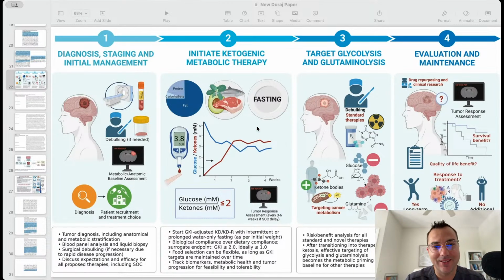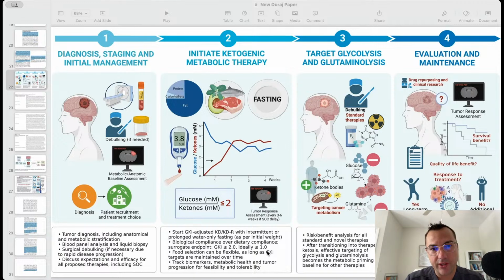Good job. That's perfect. And then I wanted to reiterate this because it was obviously missed on the initial pass: after transitioning into therapeutic ketosis, effective targeting of glycolysis and glutaminolysis becomes the metabolic priming baseline for other therapies.